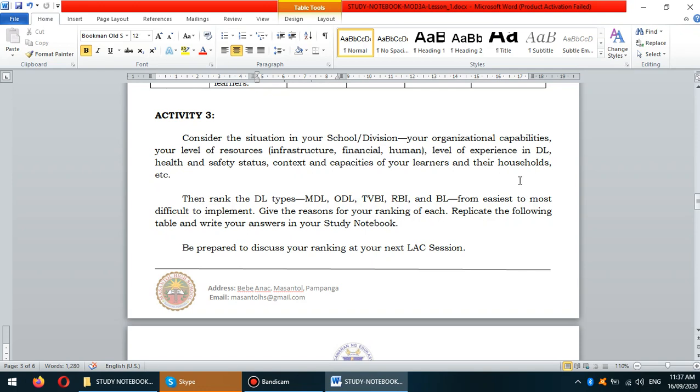Then rank the DL types, the MDL, the modular distance learning, the ODL, the online distance learning, the TV-BI, or the television and radio instruction, and the BL for the blended learning, from easiest to most difficult to implement. Give the reasons for your ranking for each. Replicate the following table and write your answer in your study notebook.